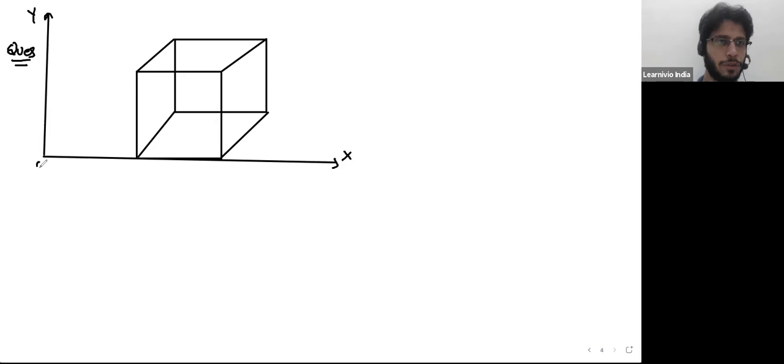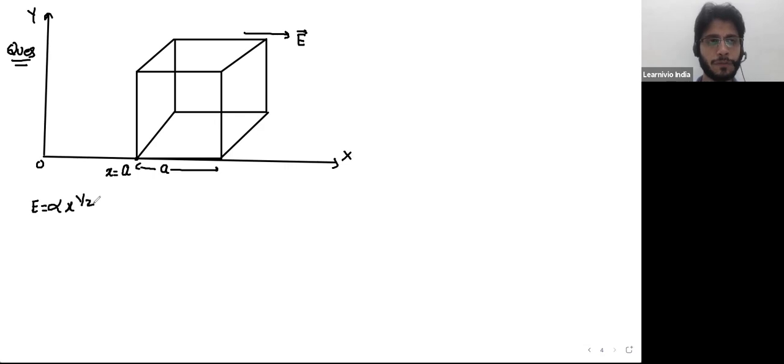And this is the origin. Each side of the cube is a. The coordinates of this point is a. This x is equal to a. And there is an electric field which exists along x-axis. The magnitude of electric field is alpha x to the power half.